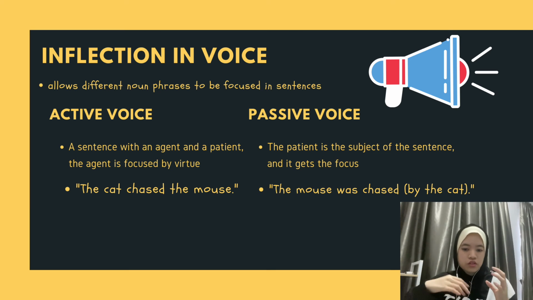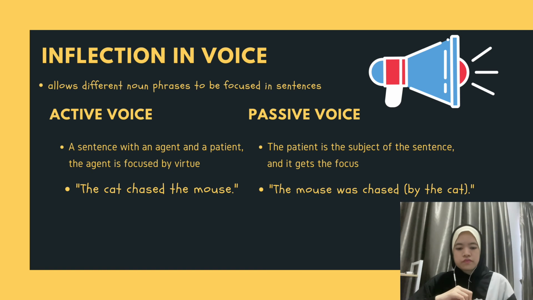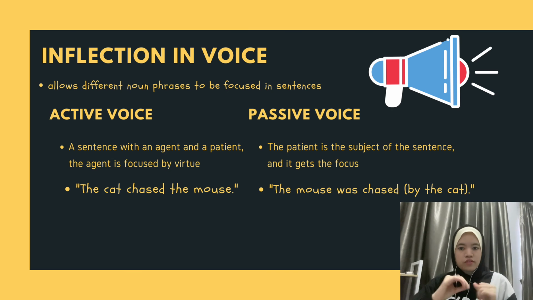The agent is focused by virtue of being the subject of the sentence. For example, the cat chased the mouse. And for the passive voice, the patient is the subject of the sentence and it gets the focus. As an example, the mouse was chased by the cat.